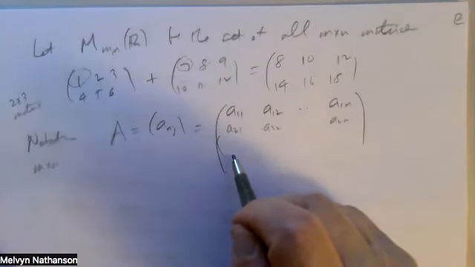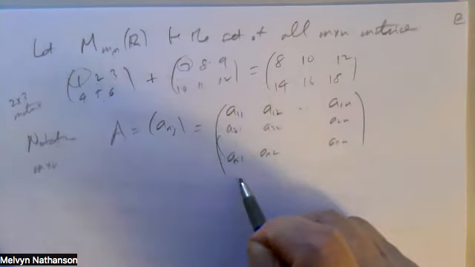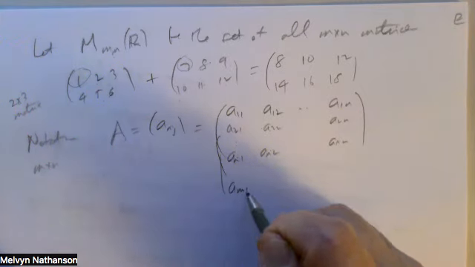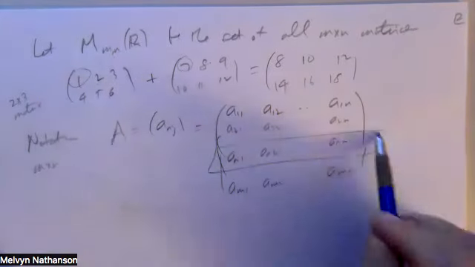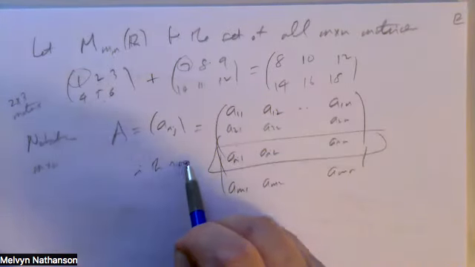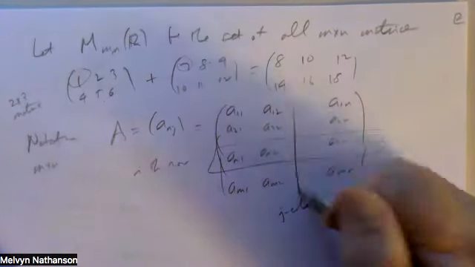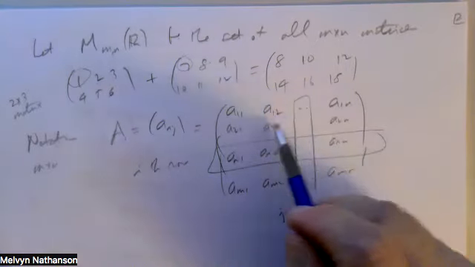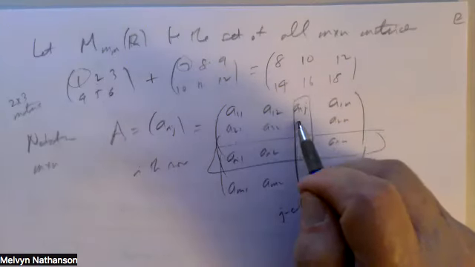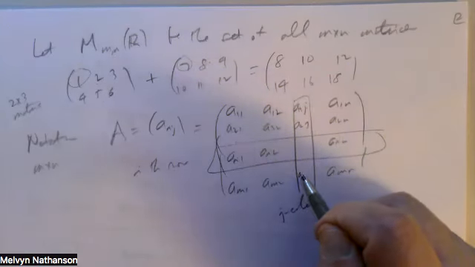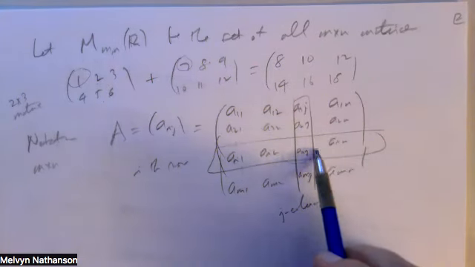If you have the ith row, Ai1, Ai2, up to AiN, down to the last row, AM1, AM2, up to AMN. So this is the ith row. What would be the jth column? Well, in the first row, the jth column entry would be A1j. This would be A2j. This would be AMj. The element in the ith row and jth column is Aij.